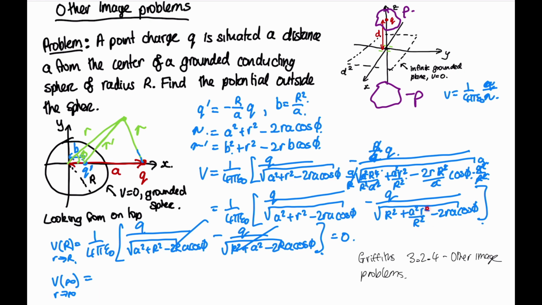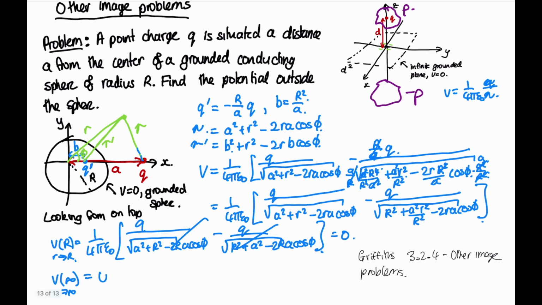This r is going to go off to infinity, so this term's going to go to 0. So it agrees at both those boundaries, and so we can say that this is the one unique answer to that problem.